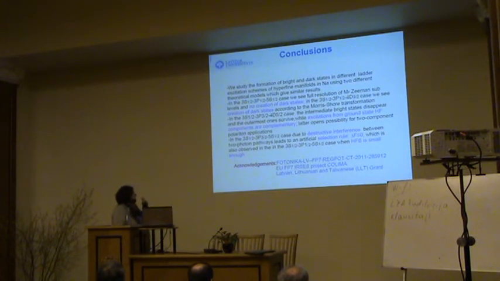And so, in conclusion, we have studied different ladder excitation schemes in sodium. We saw the creation of bright and dark states under different conditions. In the simplest case, where all the levels in the intermediate and final states are the same, we saw only bright states and no dark states.